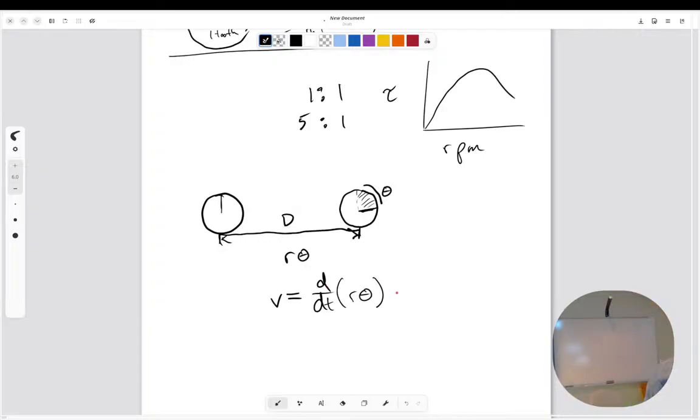So forward motion is our r theta dot. Remember, once we have a constraint, like distance is r theta, we can take a derivative. The change in distance is velocity, so the change in distance is r times d theta dt. So it's the same kind of process here.